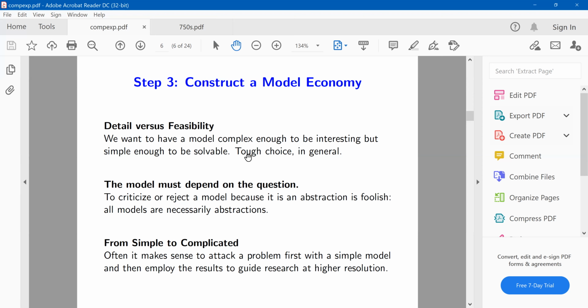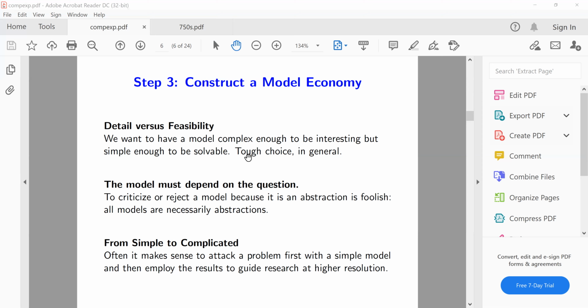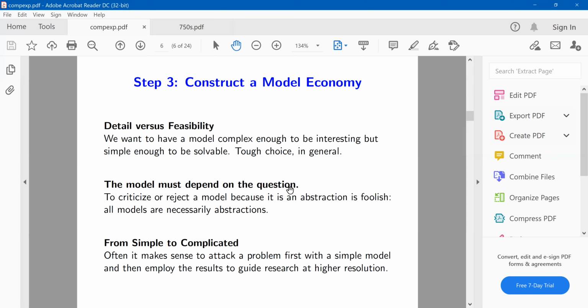Usually, it is better if you start with sometimes a linear utility function, right, with risk neutrality, but then you may want to add risk aversion, right? So this principle of going from simple to more complicated is usually very useful in constructing a model economy.